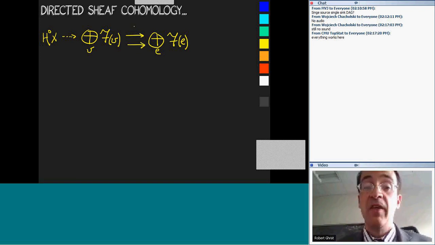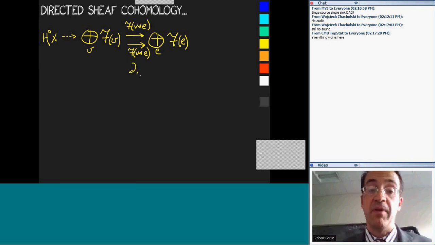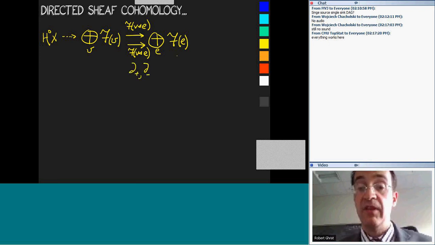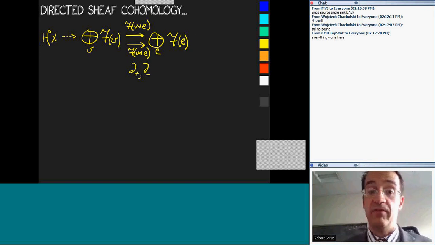What are coboundary maps? They're going to be induced by the sheaf restriction maps, where these are boundaries of the edges, but not one, but two maps, given by the positive boundary and the negative boundary induced by the orientation.